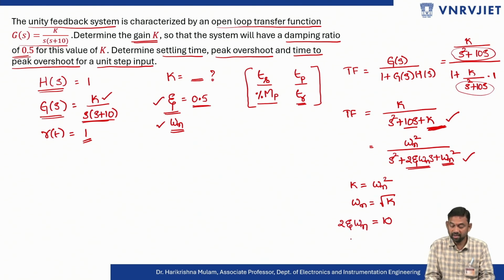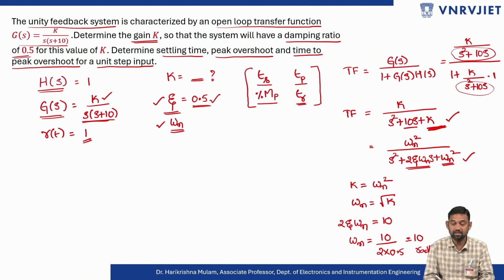Therefore, omega n is equal to 10 by 2 into zeta. Zeta value is given as 0.5. So 2 into 0.5 is 1, and 10 by 1 is 10. So omega n in this system is 10 radians per second.